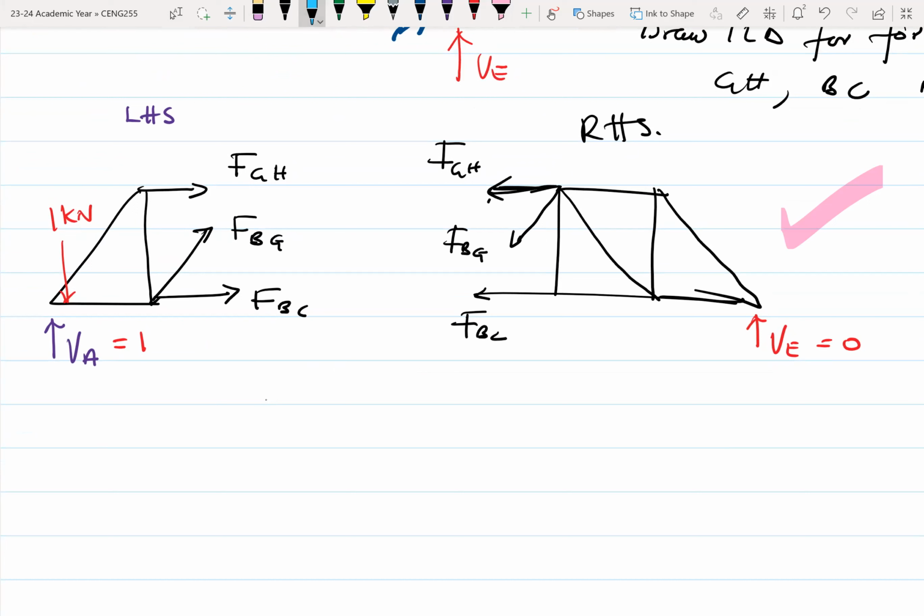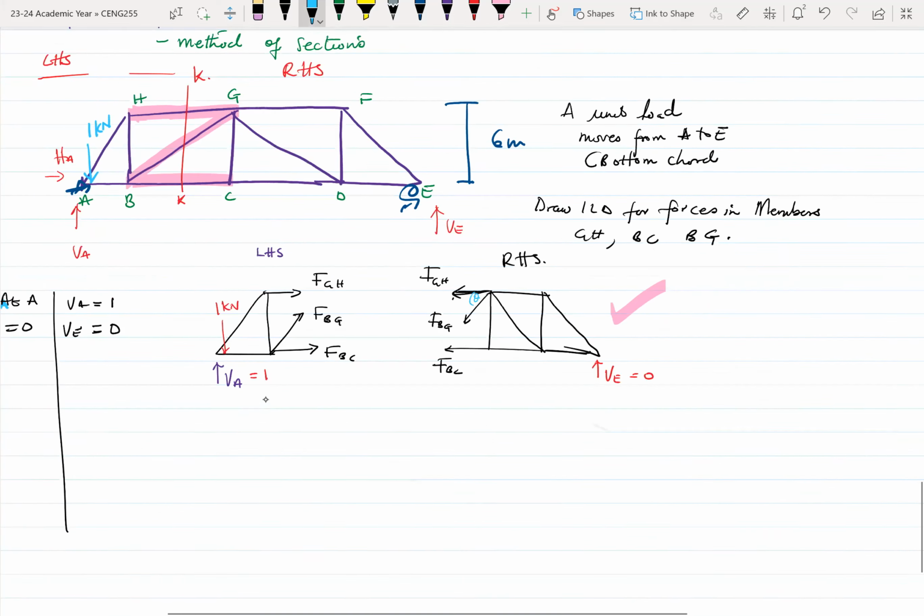We need to know these angles, theta. We need to find theta, and we can easily find it. Theta is 45 degrees.